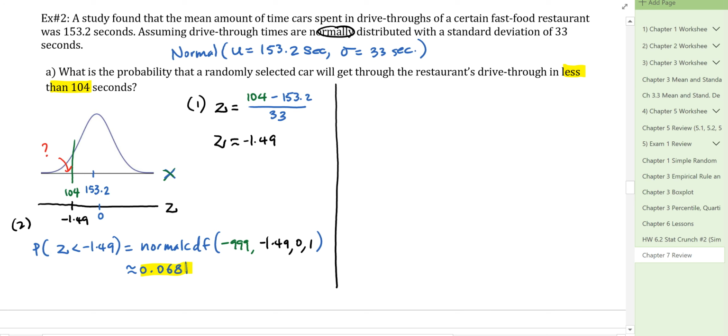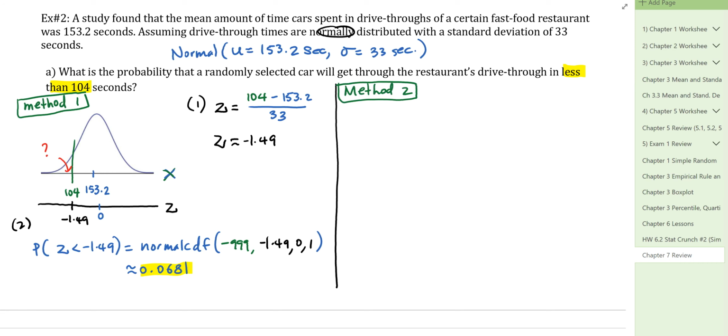So the probability that a randomly selected car will get through the restaurant drive-through in less than 104 seconds is 0.0681. That is method 1. In the second method, I'm going to do it without converting.